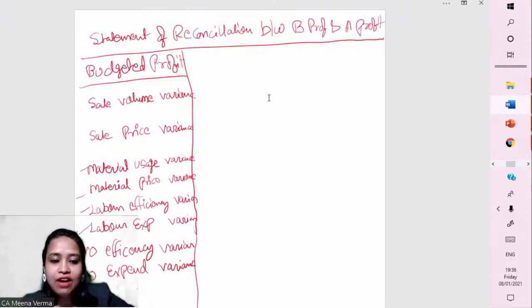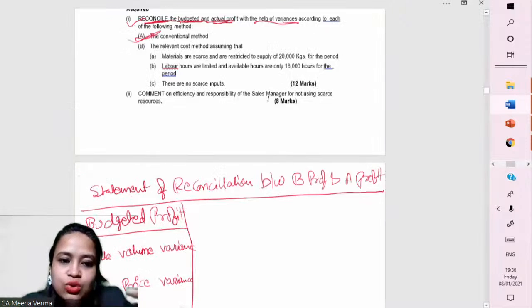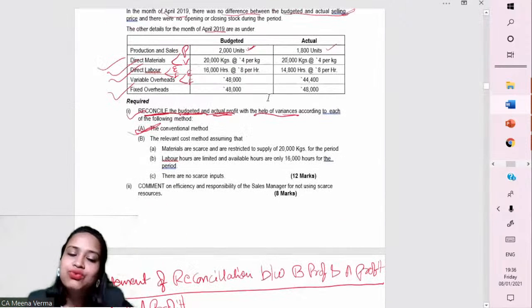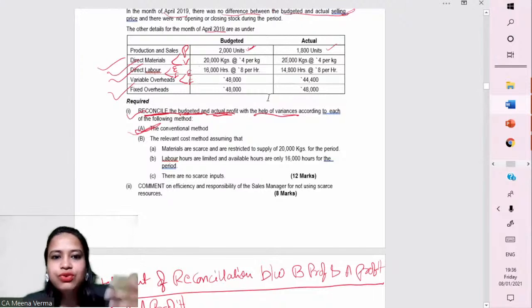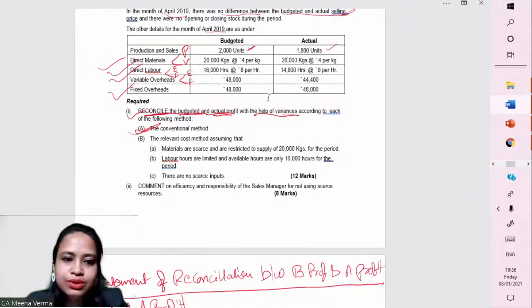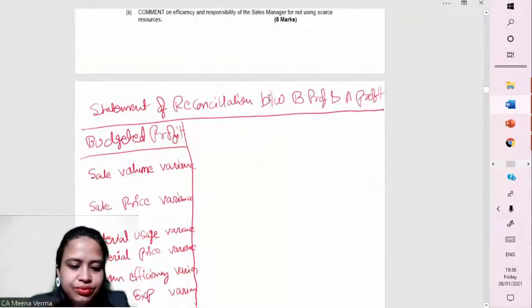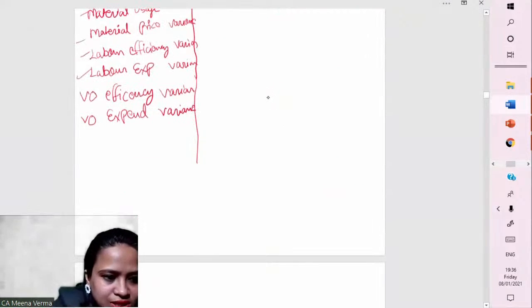Now we have more information. Like in variable cost, we have information related to material and labor. So that is why we have to find the variance related to material and related to labor. Since fixed cost is given, we have to consider the fixed overhead expenditure variance.